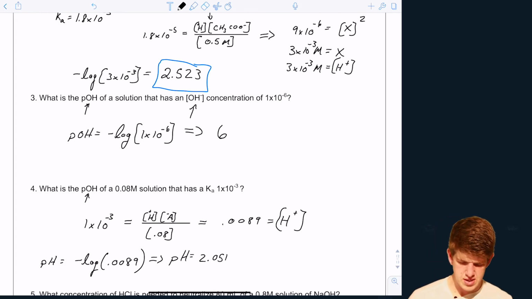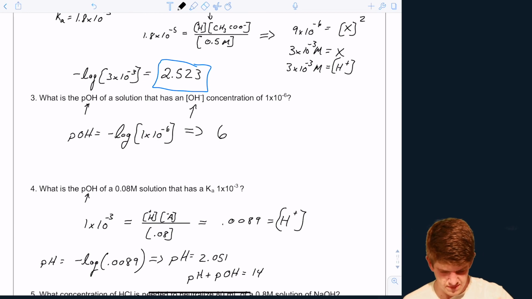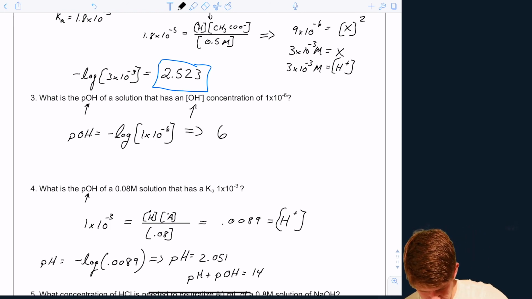And now at 2.051, that's my pH, and I know that my pH plus my pOH is equal to 14. So if I know my pH is 2.051, 14 minus 2.051 is equal to 11.949, or roughly 11.95.